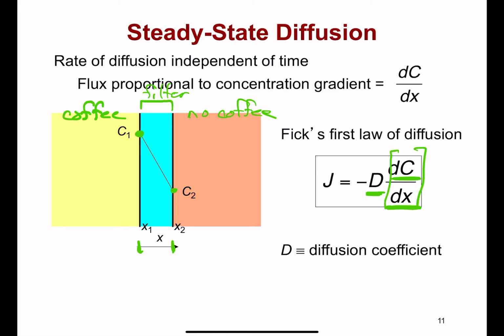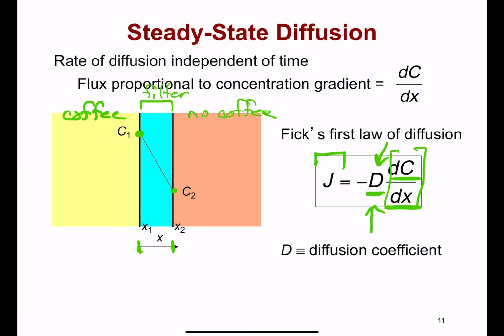Simply knowing the concentration difference and the thickness of our membrane, we need an additional constant out front to help us understand how much matter gets across that. So this diffusion constant D helps us equate change in concentration with thickness to that flux.